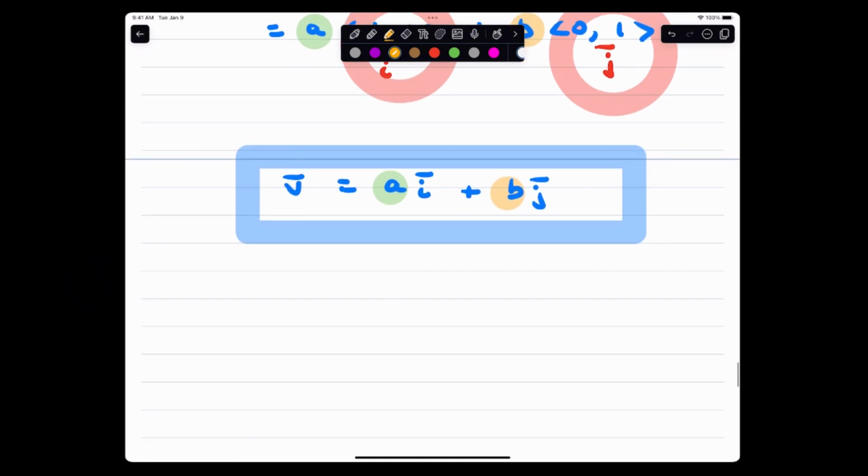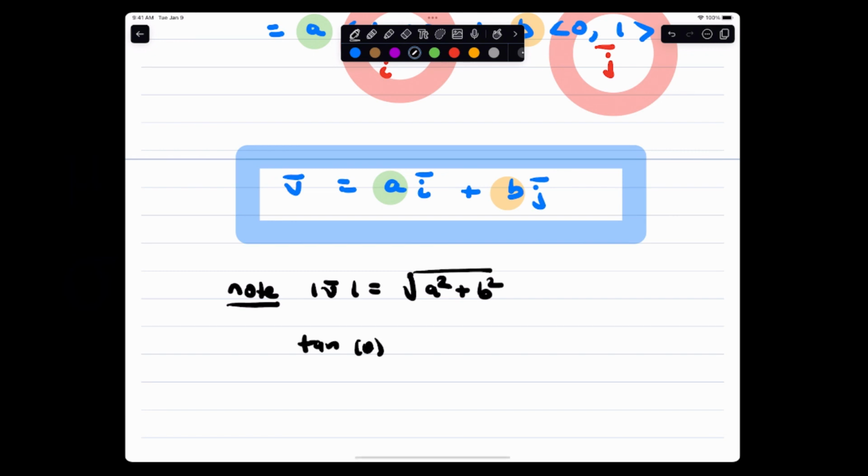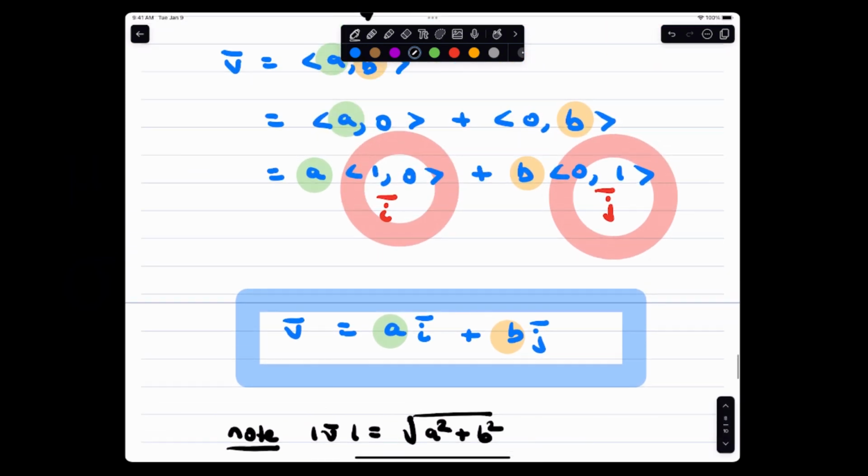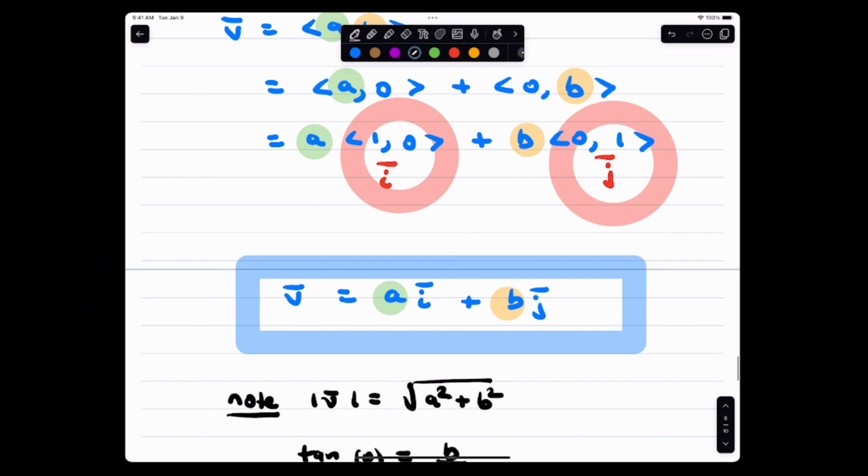All right, now I'm going to give you guys some facts. I want you guys to note here, still, the magnitude of v doesn't change. It's still going to be what? The square root of a squared plus b squared. And the direction of the vector doesn't change. It's still going to be b over a. All right?